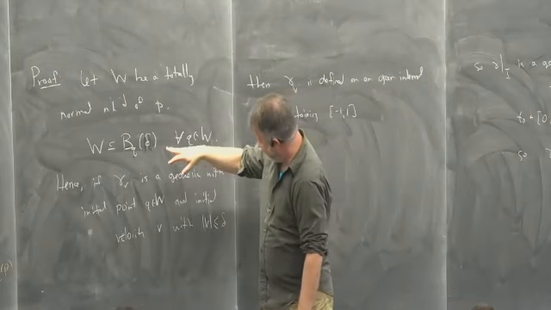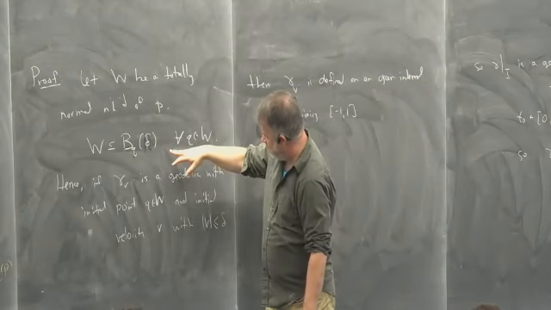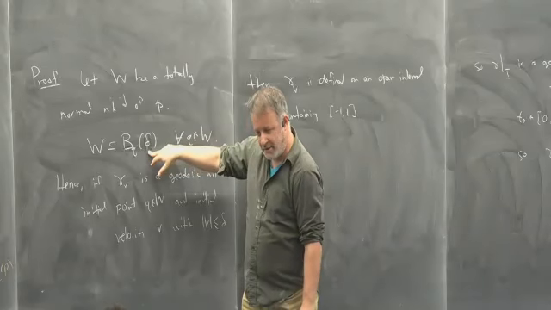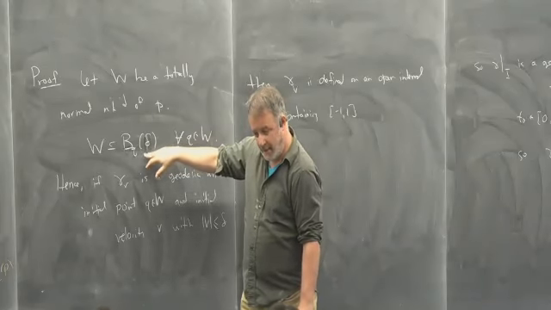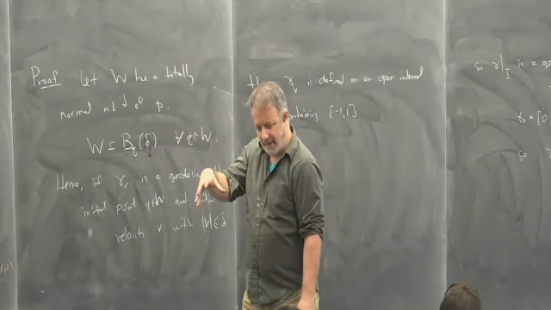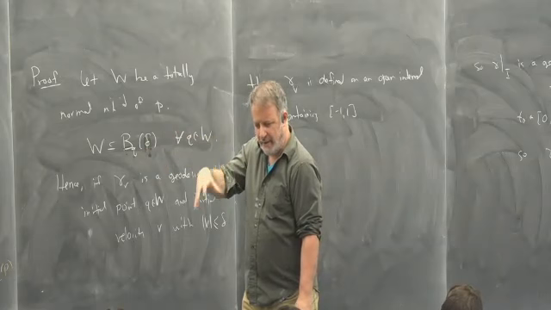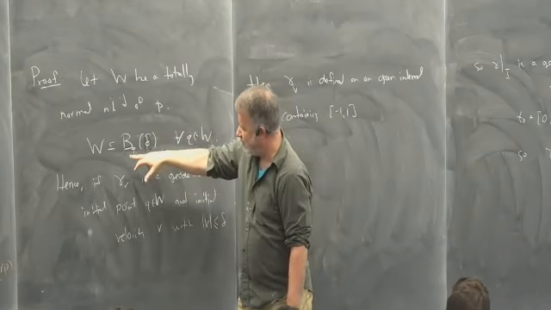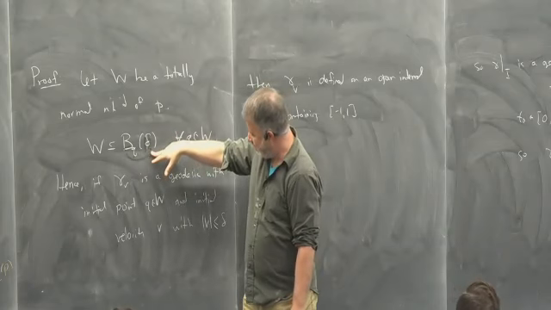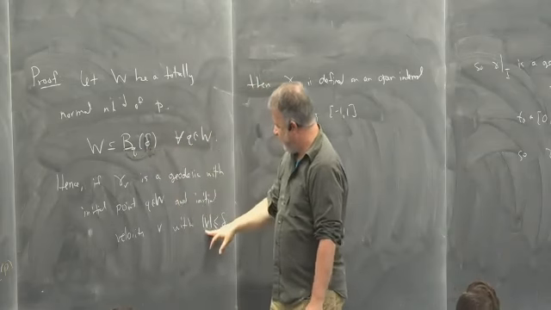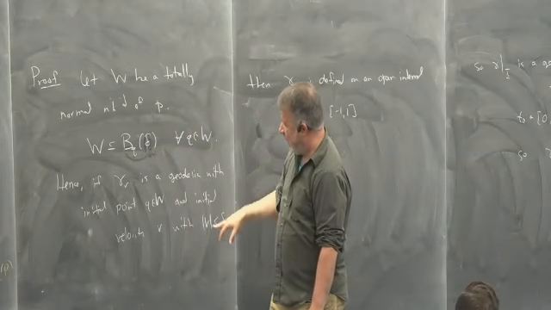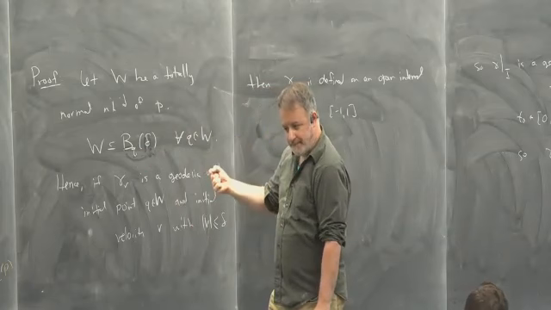What does it mean to have a geodesic ball? We only consider geodesic balls as the image under the exponential map of an open ball whose closure is still contained in the domain where the exponential map is a diffeomorphism. So the closure of this is still in the image of the exponential map. That means if I have any V with length less than or equal to delta, then I can apply the exponential map for time 1.